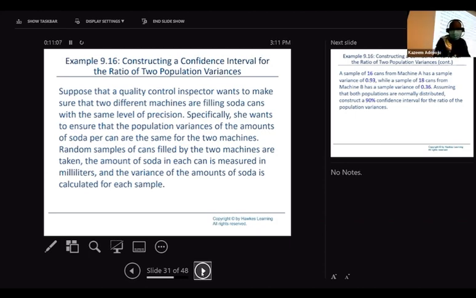Specifically, she wants to ensure that the population variances of the amount of soda per can are the same for the two machines, and random samples of cans filled by the two machines are taken. The amount of soda in each can is measured in milliliters, and the variance of the amount of soda is calculated for each sample.